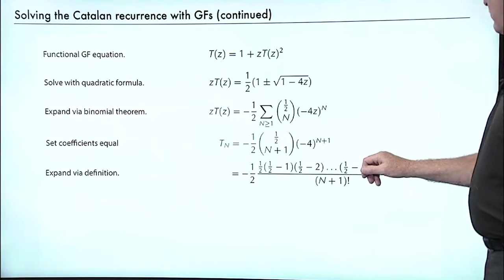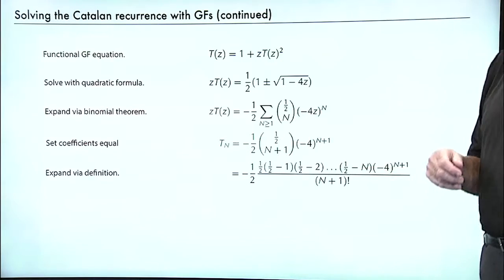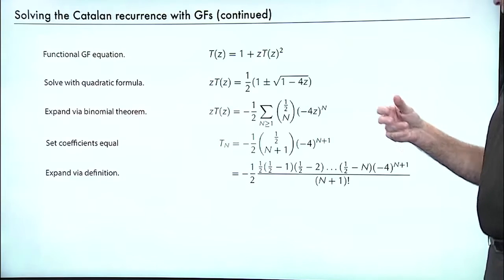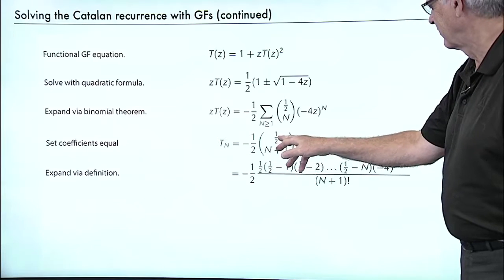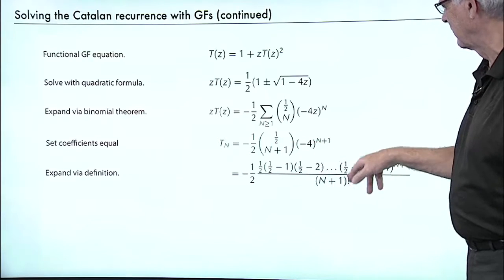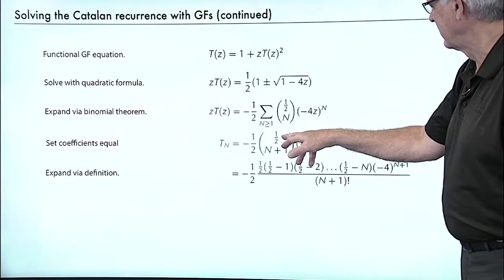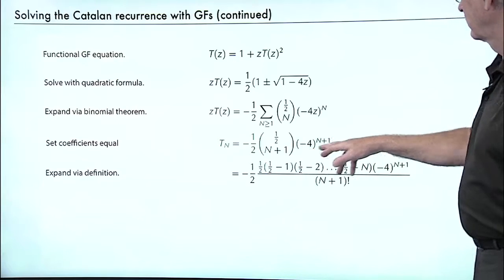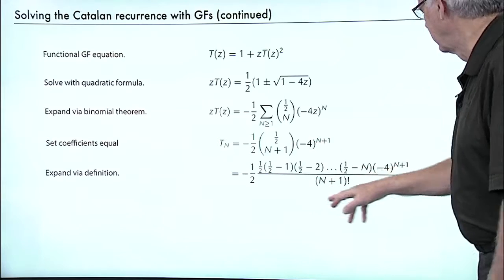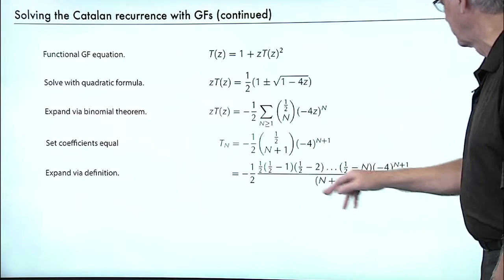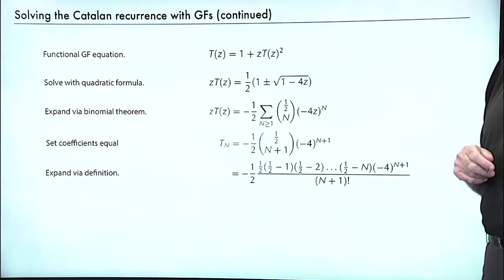This is the definition of the binomial coefficient: for any binomial coefficient, on the bottom is n plus 1 factorial, and on the top is n plus 1 terms where we subtract 0, 1, 2, all the way up to n. So that's just the definition, and there's the minus 1/2, and there's the minus 4 to the n plus 1.